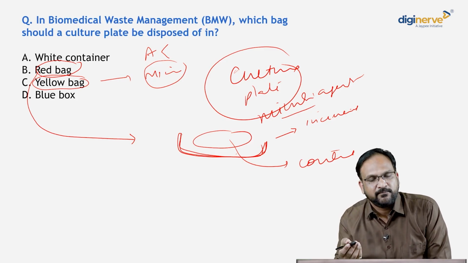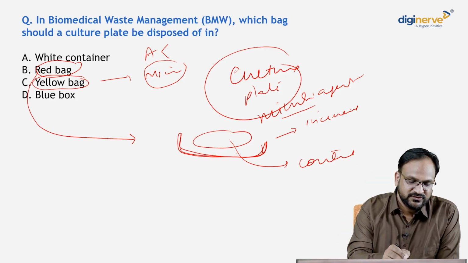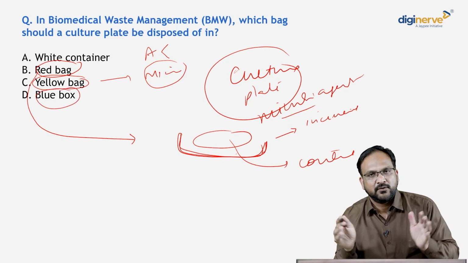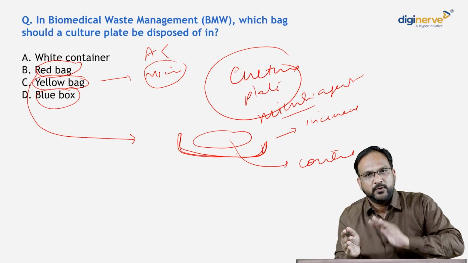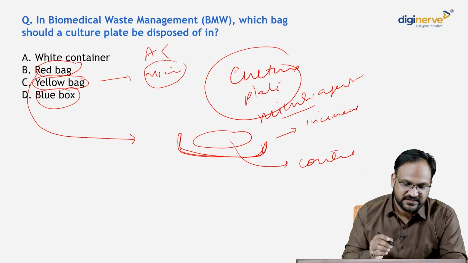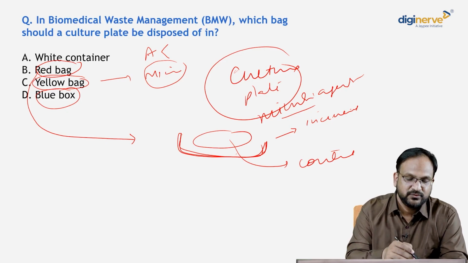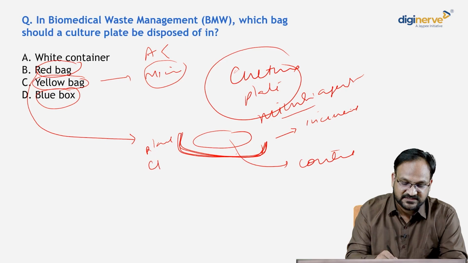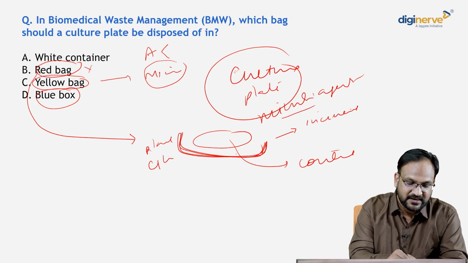Or if it is made of glass, it should be discarded in the blue box, a cardboard box with blue stickers. This question is giving you three options, but the question is not telling whether the culture plate is made of plastic or glass. So we cannot go with the red and the blue.